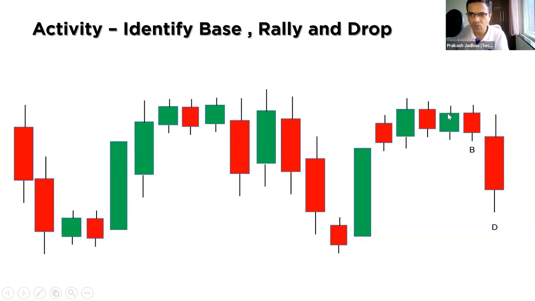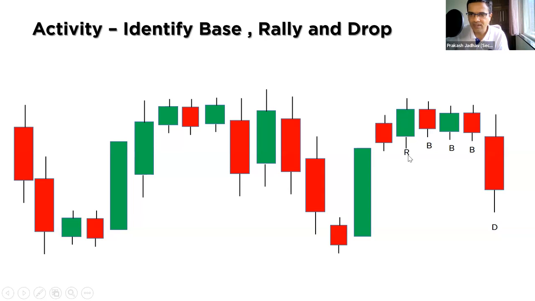Similarly, this candle's close is here, which is within the range of the earlier candle's high and low. So this is a base. This candle's close is here, which is between the high and low of the earlier candle. So this candle is a base candle. Similarly, this candle's close is here, which is above this high.